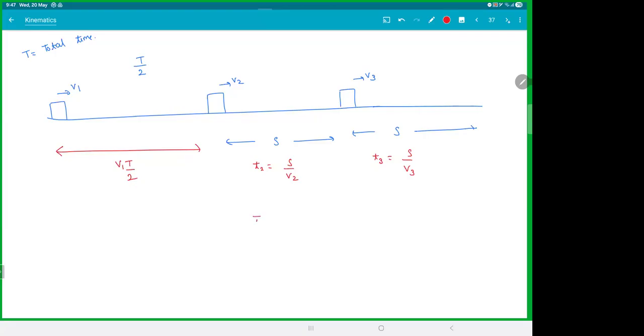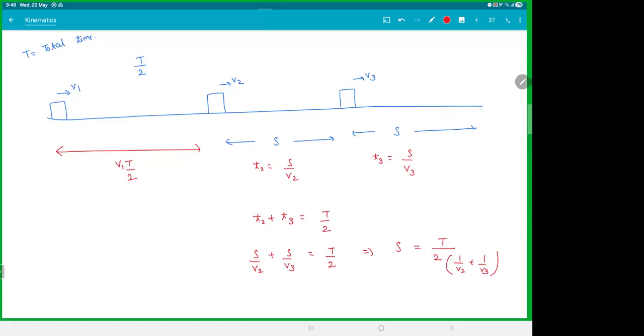But I also know t2 plus t3 is t by 2. Agreed? Because you said half of the time you traveled with v1, the remaining time was t by 2. If I substitute here, that gives s by v2 plus s by v3 is t by 2. So from here, I'll get the value of s, which is t by 2 times 1 by v2 plus 1 by v3.